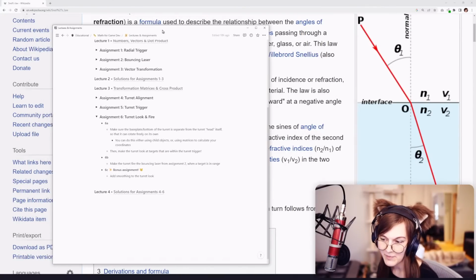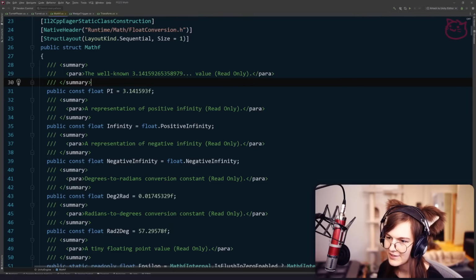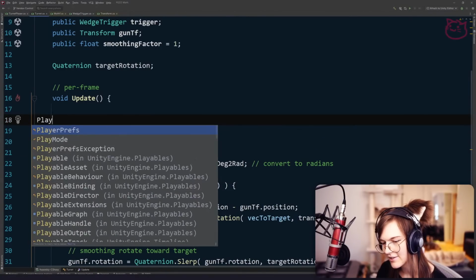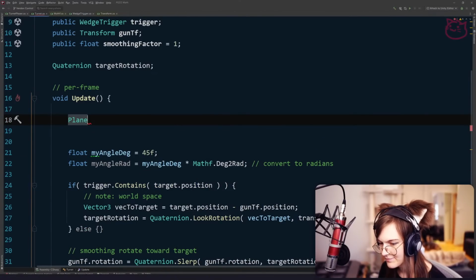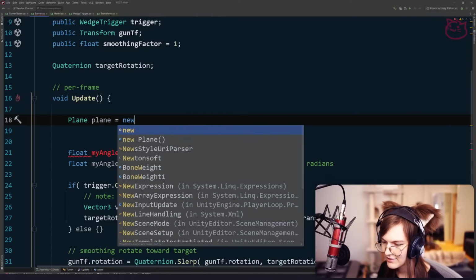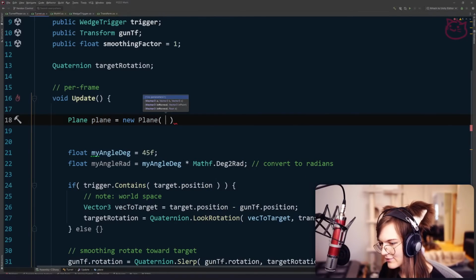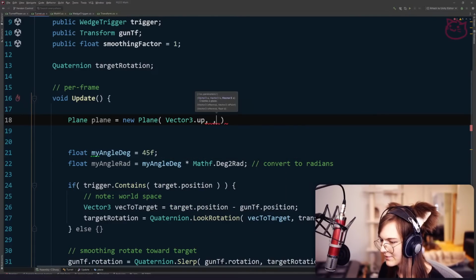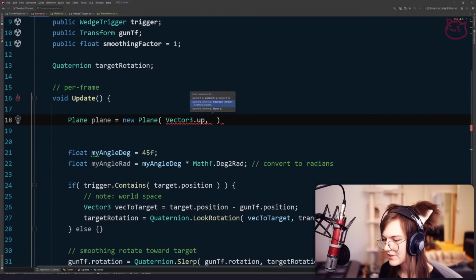I have that in my math library. Unity has a construct called a plane, which is really useful. You do new plane, and then you give it a normal and a point. In this case it would be Vector3.up, and then some point in the plane, which we can just set to 0.